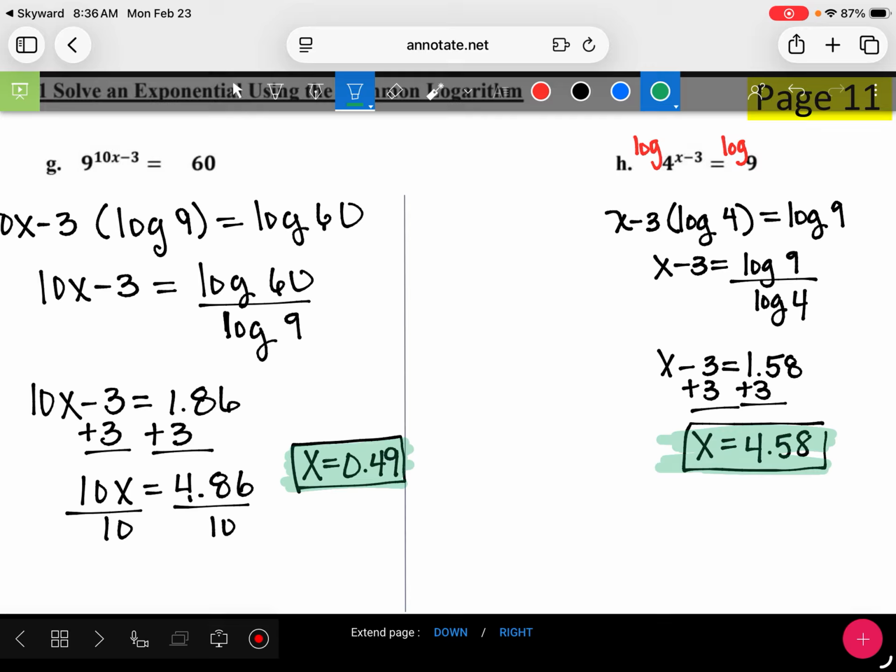Divide, so whatever is over here, that's what you divide by. So divide both sides by the log of 9, by the parentheses. So divide by log 9. Wait, do I put 60 up there first? So actually draw it out so you can see it visually. So what's at the top? 60. Right.